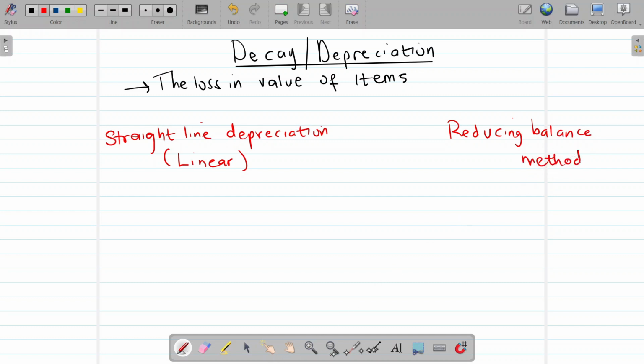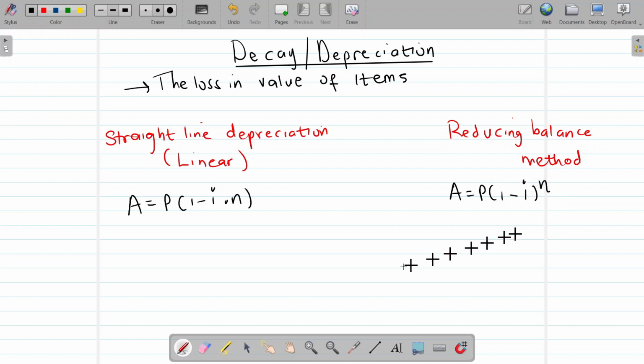Okay, cool. So now the straight line depreciation is A equals P into 1 minus I multiplied by N, while the reducing balance method is A equals P into 1 minus I all raised to the power of N.